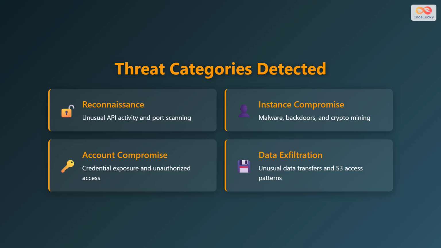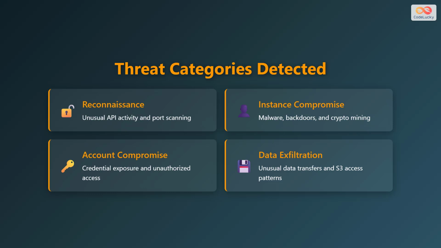GuardDuty identifies 4 main categories of security threats. The first category is reconnaissance, which includes unusual API activity and port scanning attempts by potential attackers trying to map your infrastructure. The second is instance compromise, where GuardDuty detects malware infections, backdoors, and cryptocurrency mining operations on your EC2 instances.